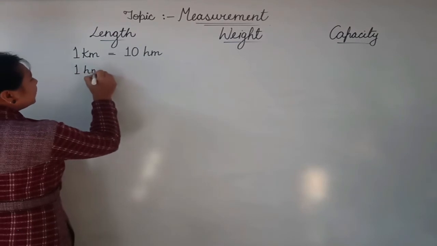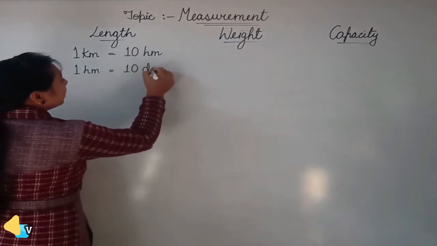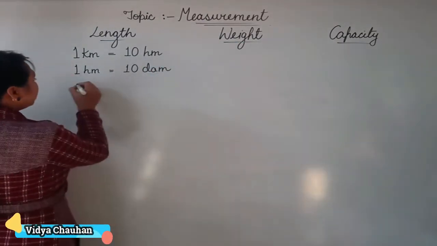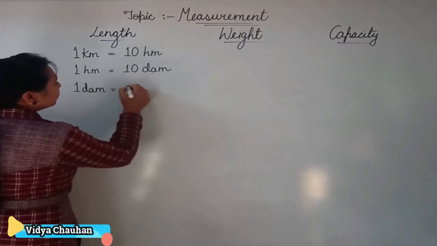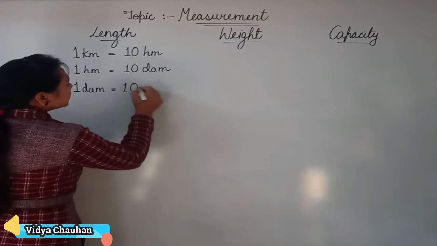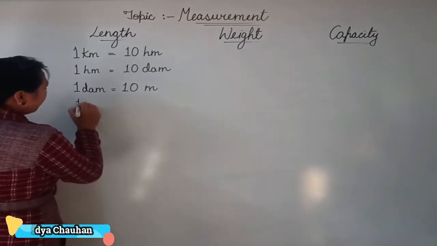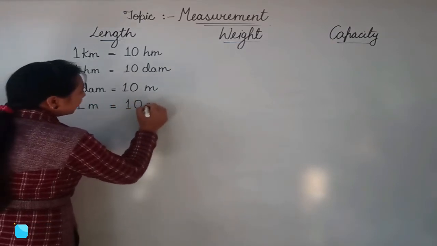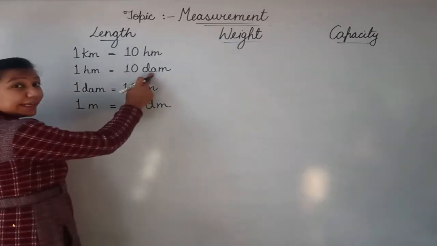After that, 1 hectometer is equal to 10 decameter. After that, 1 decameter is equal to 10 meters. Then 1 meter is equal to 10 decimeter. It is decimeter; this was decameter.